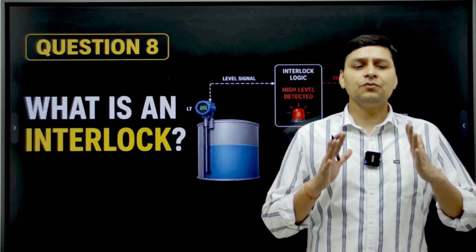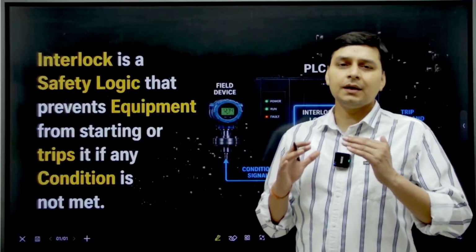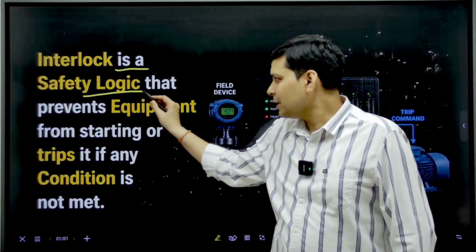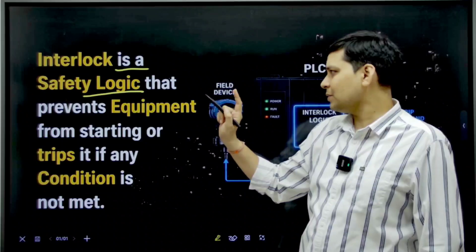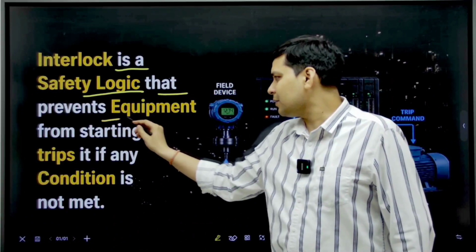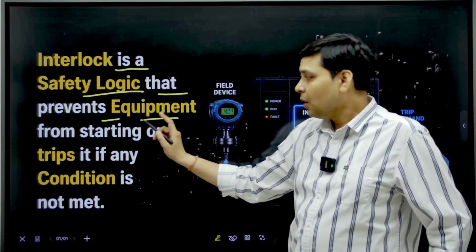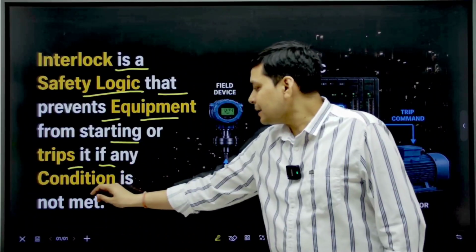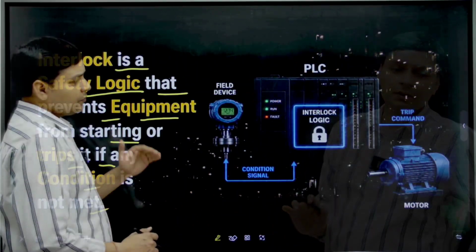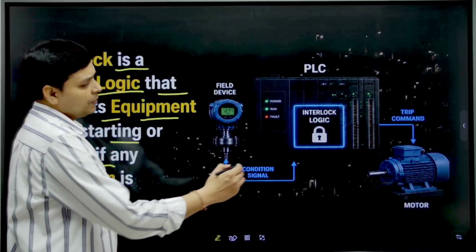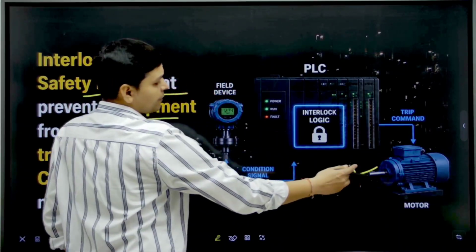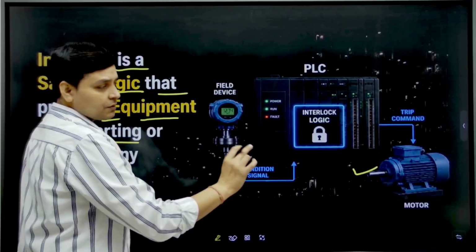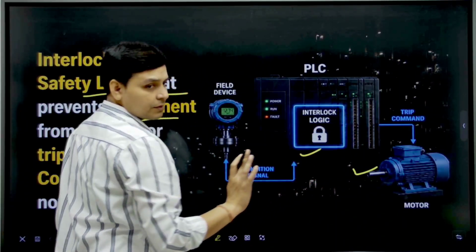Another important question: what is an interlock? And the answer is very simple. An interlock is a safety logic. Remember carefully, it is a safety logic that prevents any equipment from starting, or trips it, if any condition is not met. Suppose we want to start and stop this motor on a particular level or pressure, then we can start or stop this motor using interlock logic.